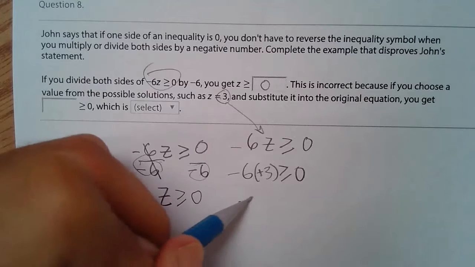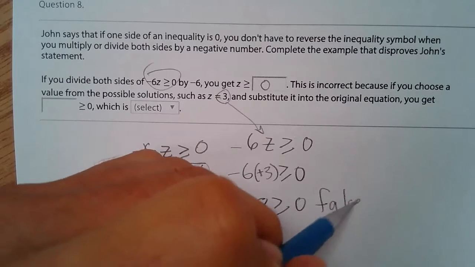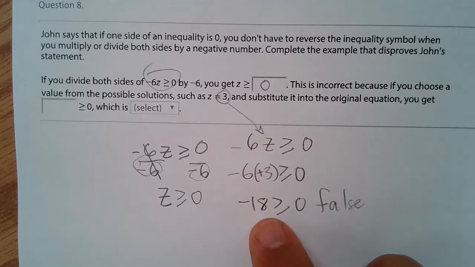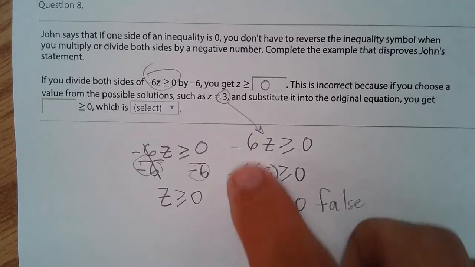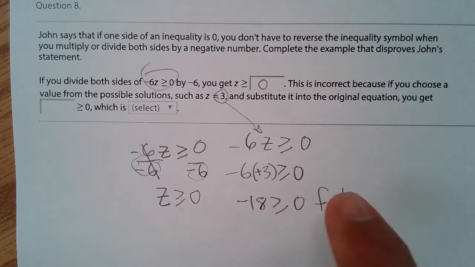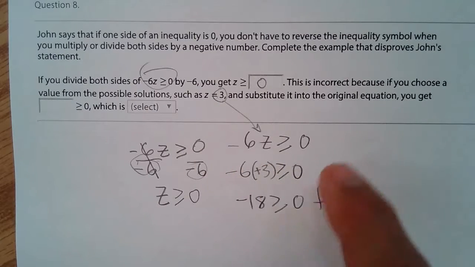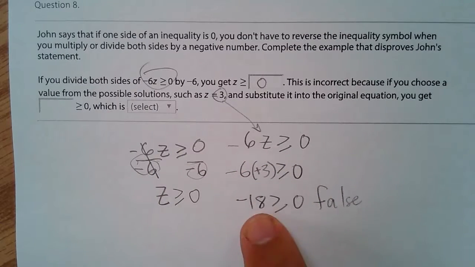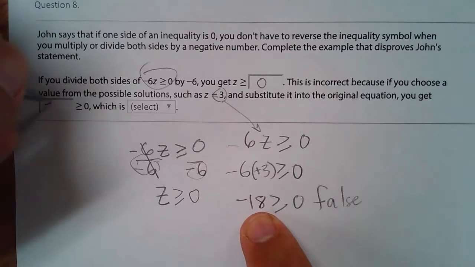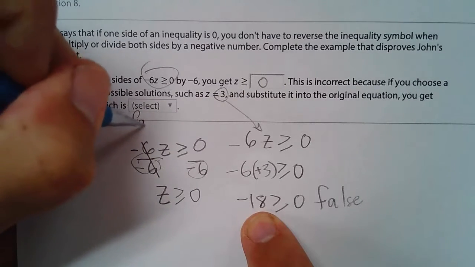Negative 6 times 3 is negative 18, and that is false. So that didn't work. And it shouldn't work because we did the problem wrong here. Into the original equation. Okay, got that. I just did that. You get what? Negative 18. Negative 18 is greater than 0, which is false.